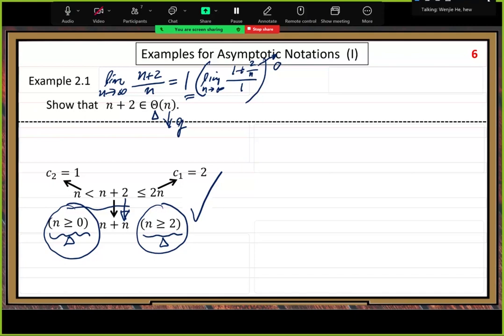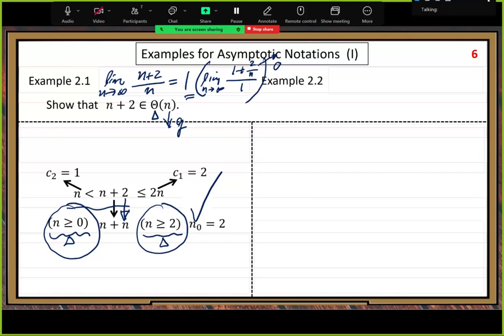So that means n0 equals 2. If we use the definition way, you need to find these three constants, C1, C2, and n0. Then you use the definition way to answer this question. So that's the first example: how to apply the definition to answer this question.